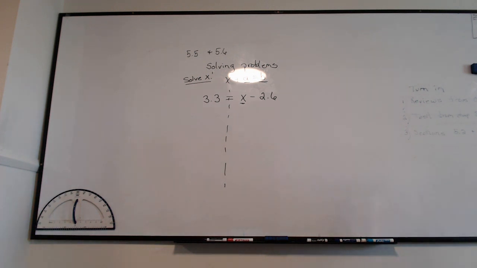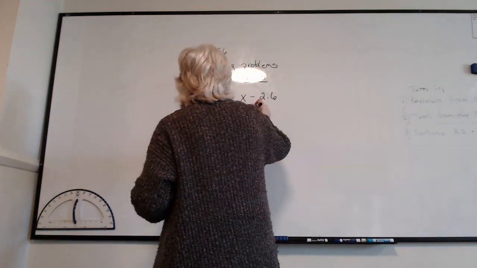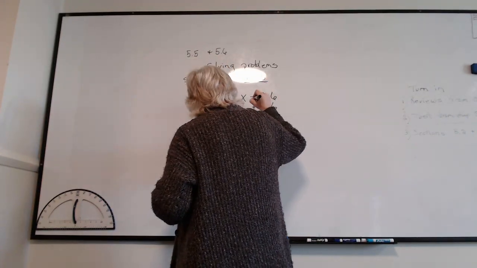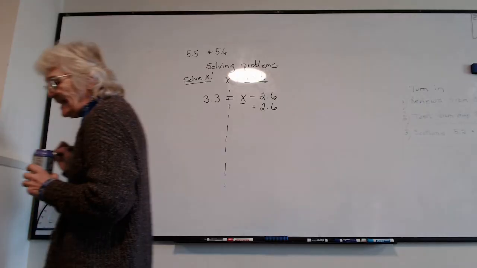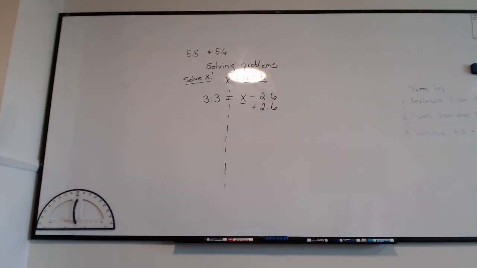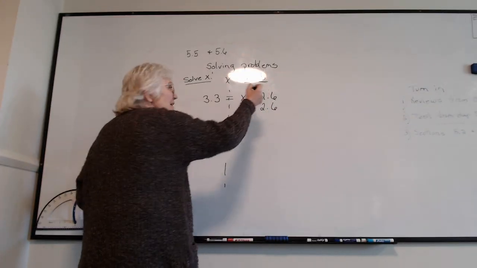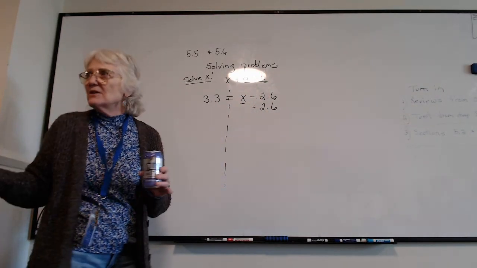Yes, we're going to make it positive 2.6, or we're doing the opposite. This is subtraction. The opposite of that is adding. You can think of it as negative and positive, or as subtraction and addition. It doesn't matter. But by doing the opposite signs, it gives us 0.